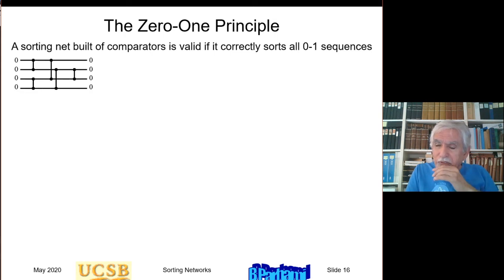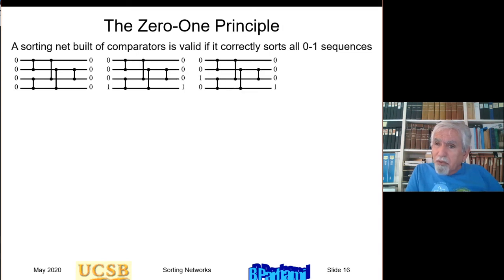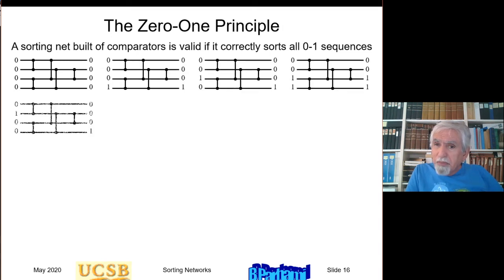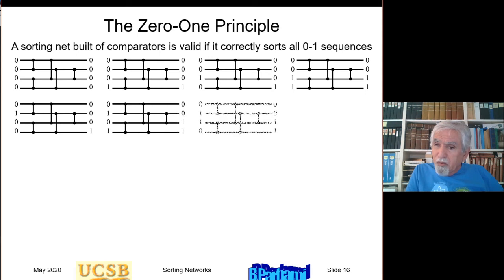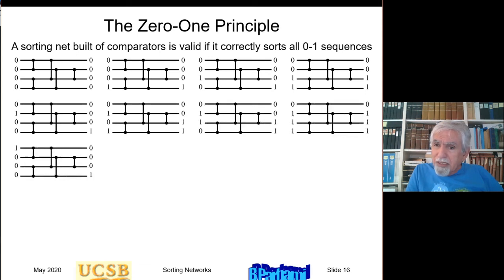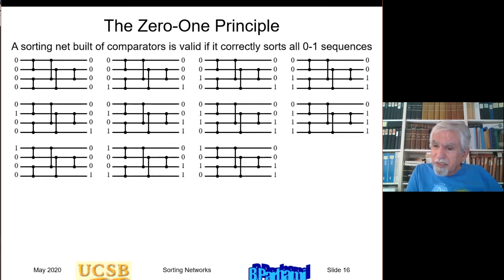What is the 0-1 principle? The 0-1 principle says a sorting network built of comparators is valid if it correctly sorts all 0-1 sequences. So if I want to verify a 4-input sorting network, I apply to it all possible 0-1 inputs, and there are 16 such possibilities.